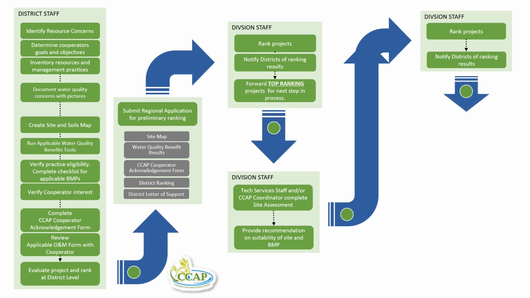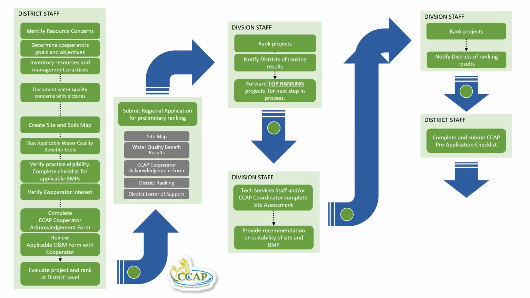After the final ranking, the district and the CCAP coordinator will schedule one last meeting with the landowner to make sure they are still interested in pursuing funding and entering into a contract. We want to ensure they fully understand the stipulations of a contract and are aware of any site constraints that may negatively impact the project and affect cost.